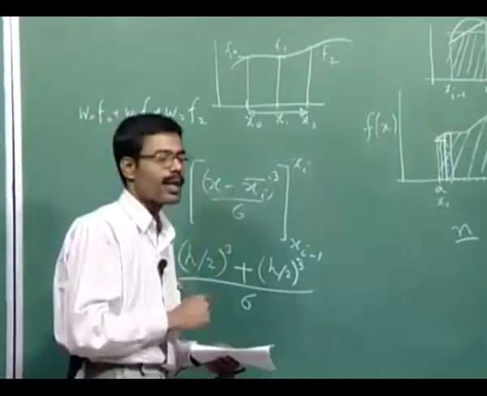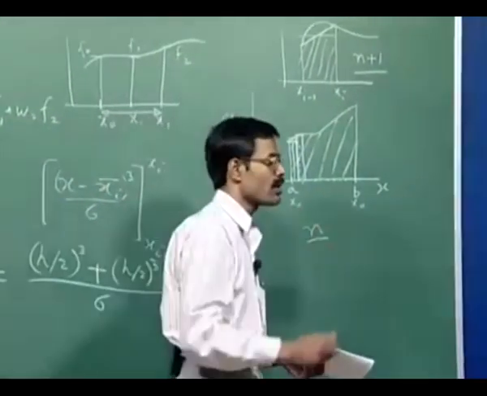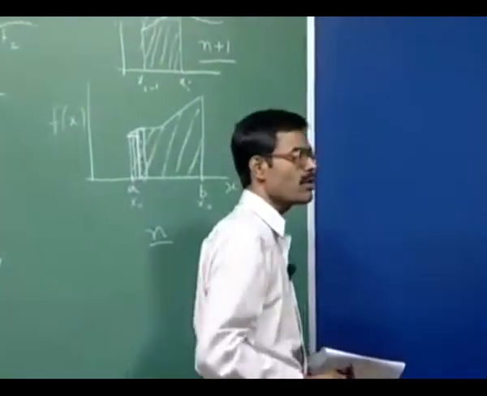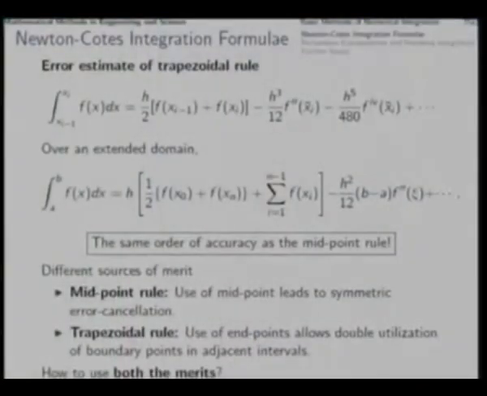These two independent ways of arriving at Simpson's 1/3 rule you will find in the exercises in the textbook, and here we try to find a third way to arrive at the same formula, and that is based on what we were discussing just now, how to use both the merits.